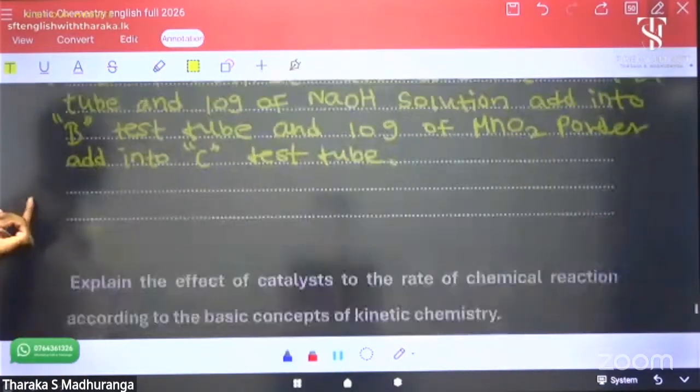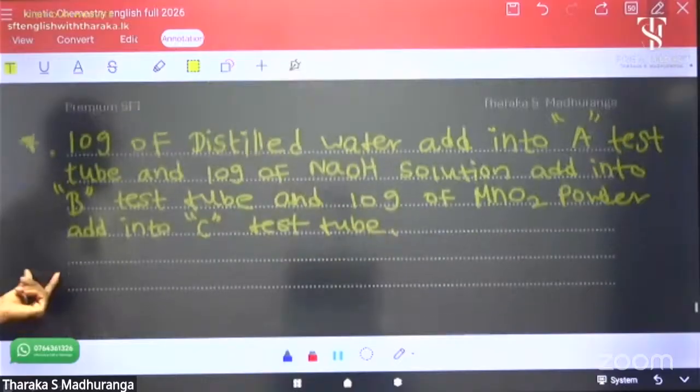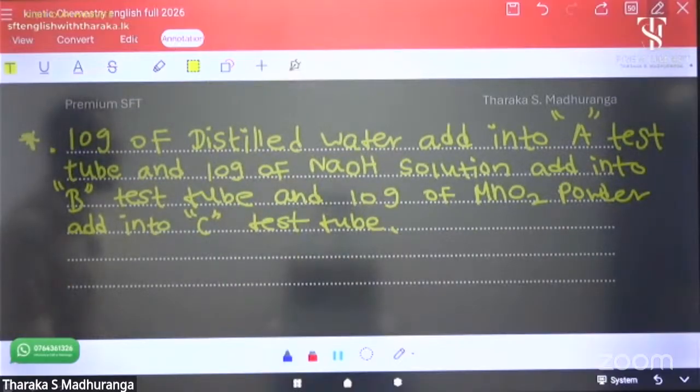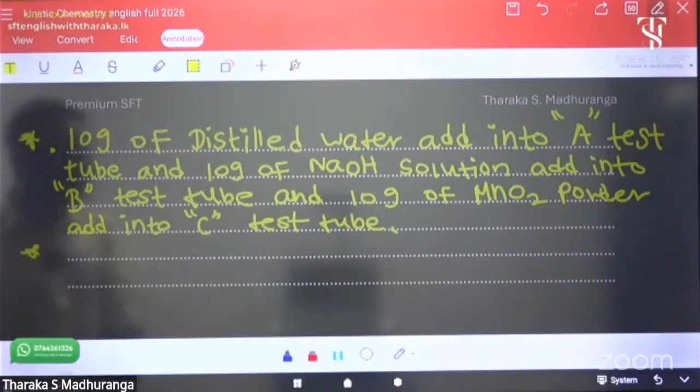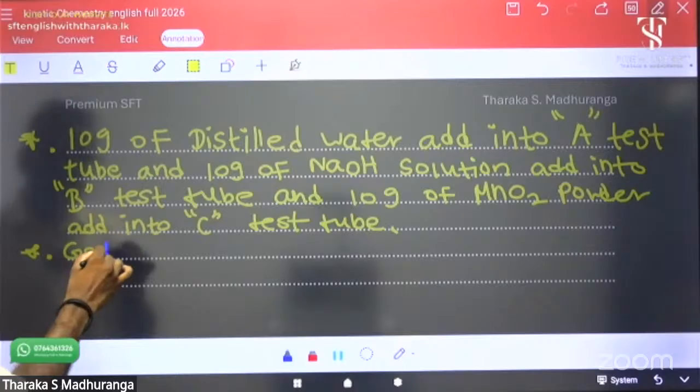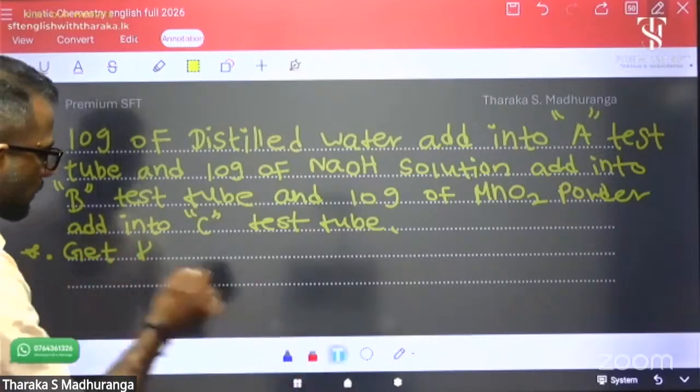Okay, these are the things to add. Okay, final step. Get the observation. Sorry.